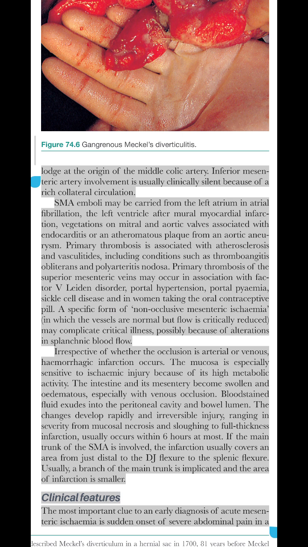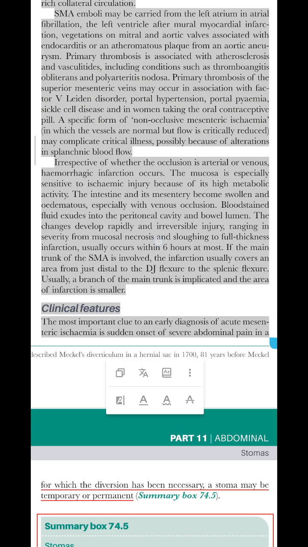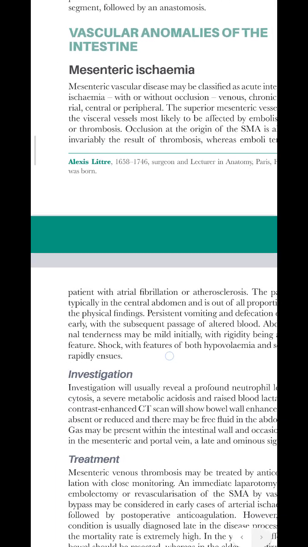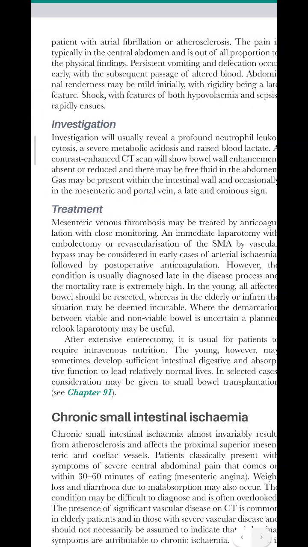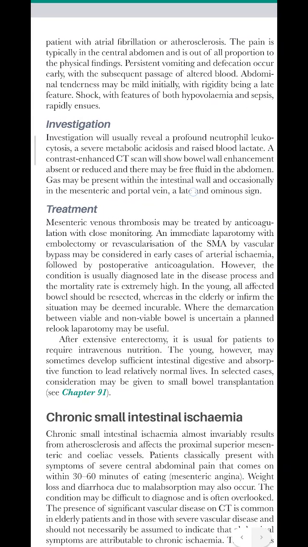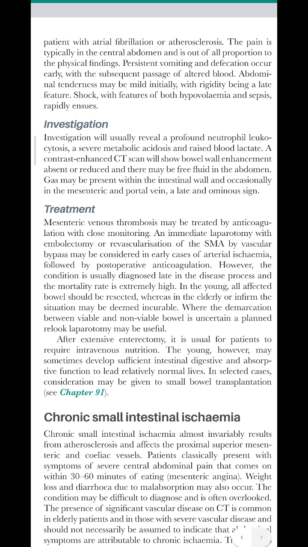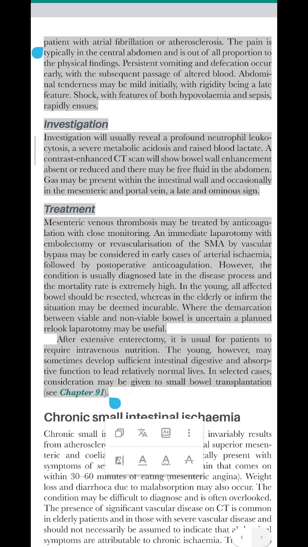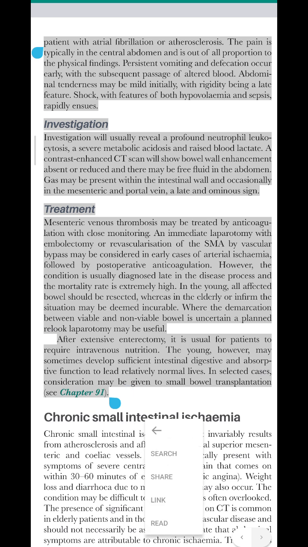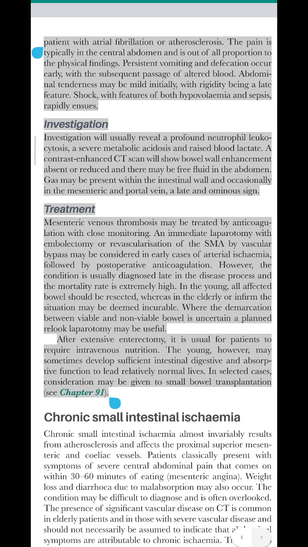Clinical features. The most important clue to an early diagnosis of acute mesenteric ischemia is sudden onset of severe abdominal pain in a patient with atrial fibrillation or atherosclerosis.